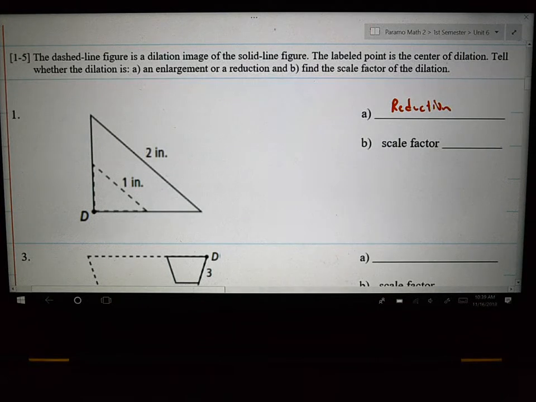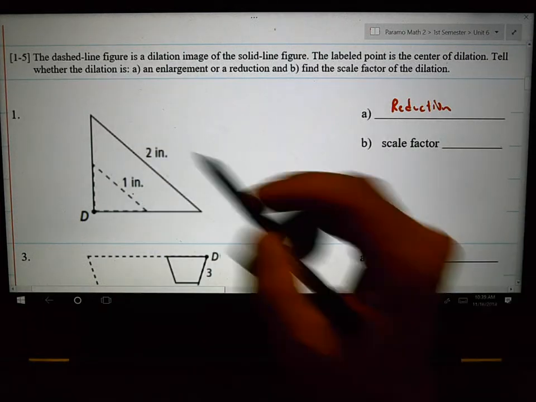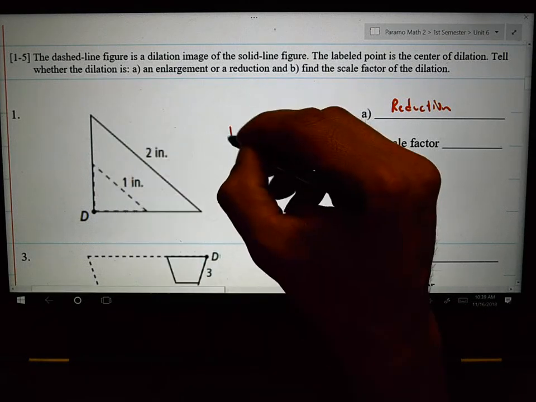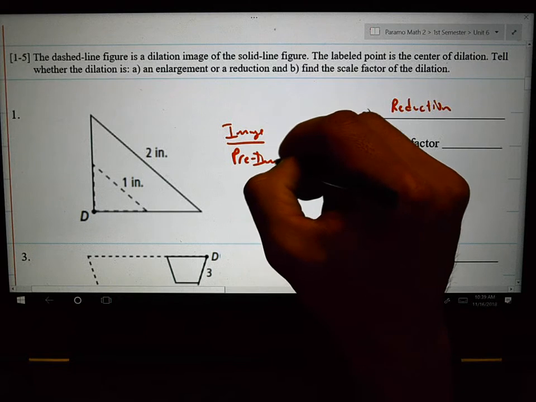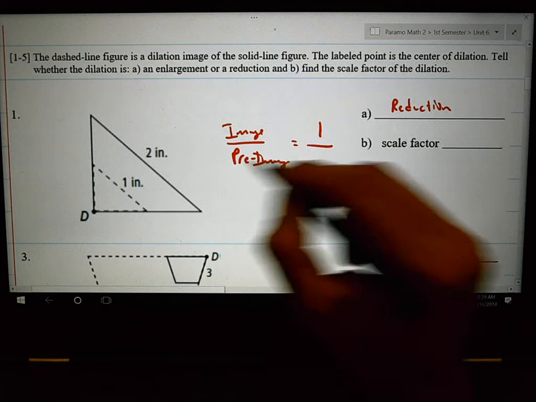So how do we then find the scale factor? You take the image, and it doesn't matter which one you pick. You pick a side and the other side. The image divided by the pre-image is what we're going to use. The image was 1 inch divided by 2 inches.